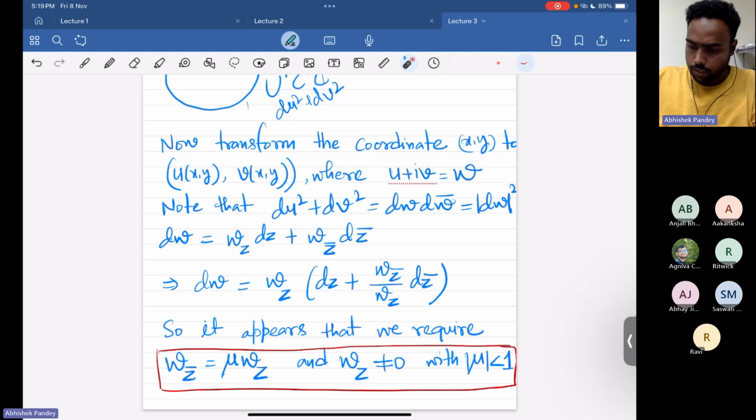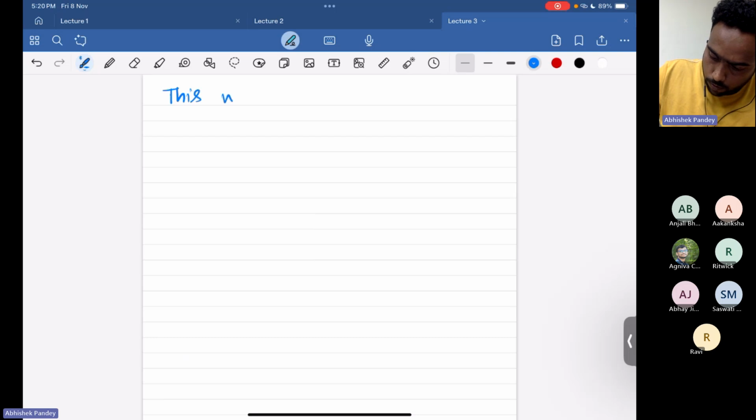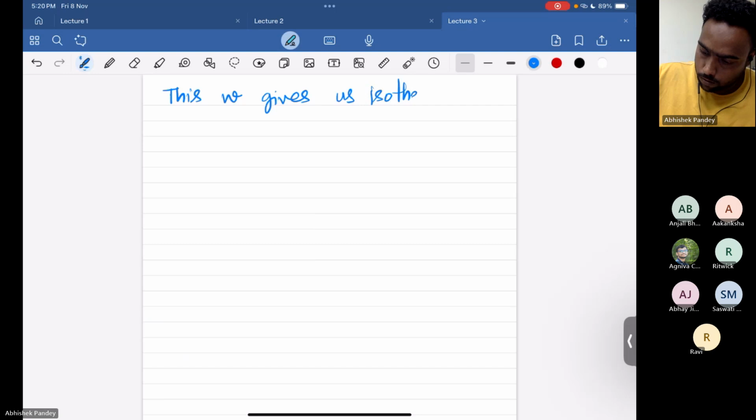So basically, this gives us that w gives us isothermal parameters.